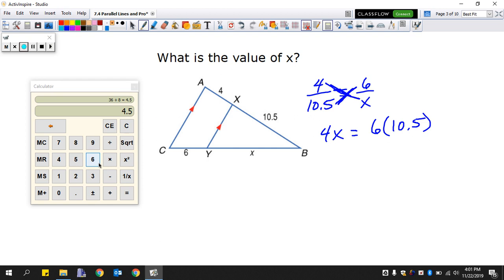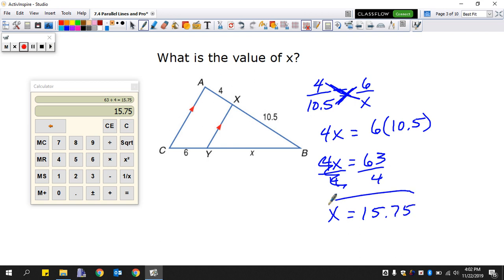When we do that, 6 times 10.5, we end up with 63. So 4x is equal to 63, divided by 4 on both sides. 63 divided by 4 is equal to 15.75. So x is equal to 15.75. That's this side length right there.